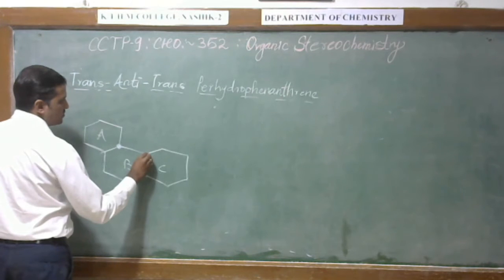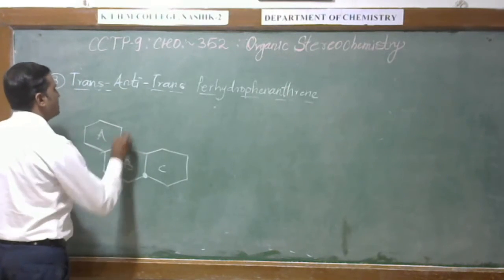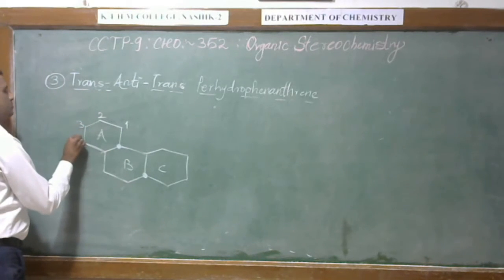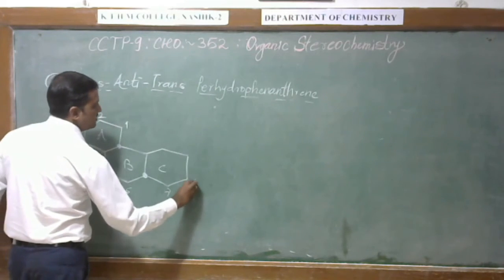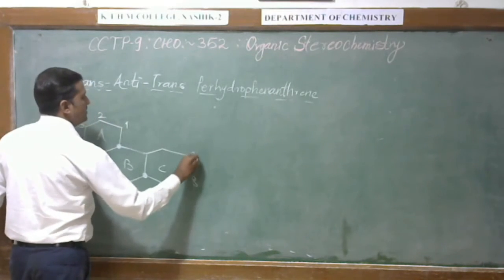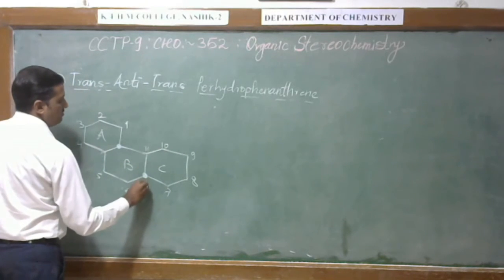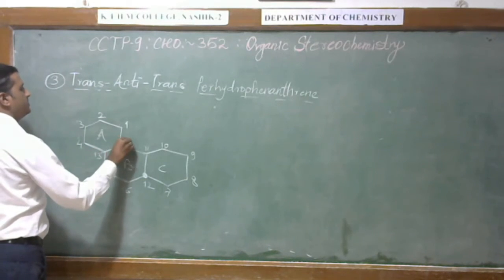As there is absence of dot over this, there is a presence of dot on this carbon atom. And we know that the numbering is as usual: 1, 2, 3, 4, 5, 6, 7, 8, 9, 10, 11, 12, 13 and 14.